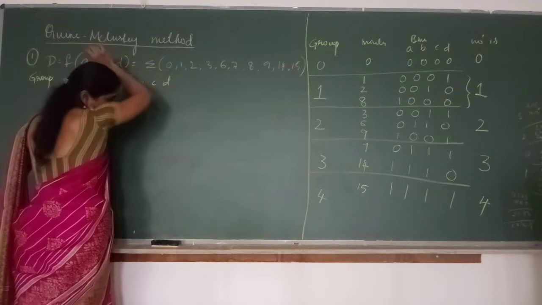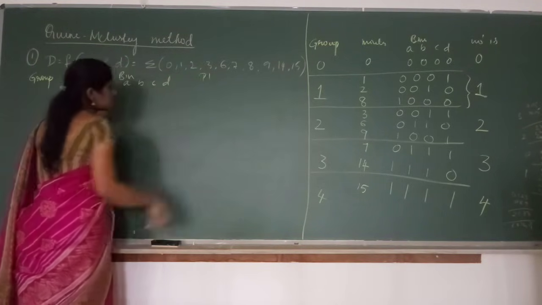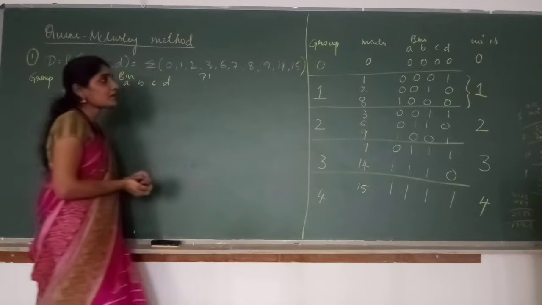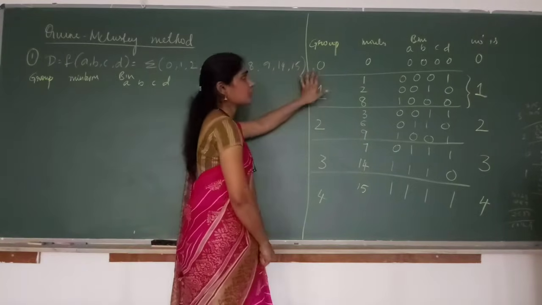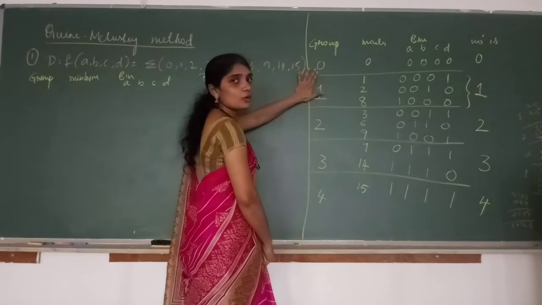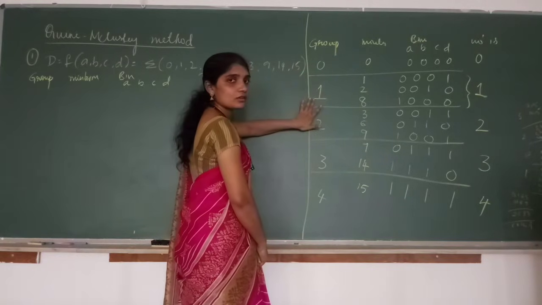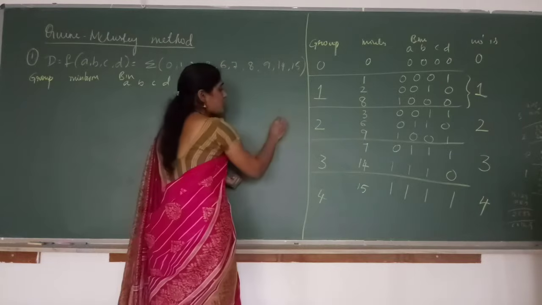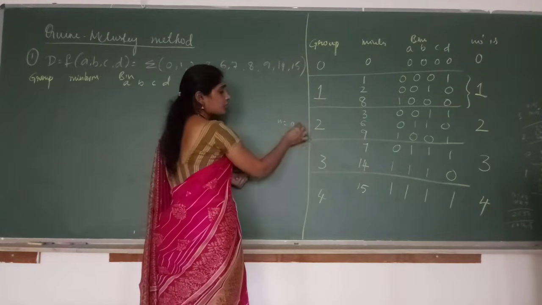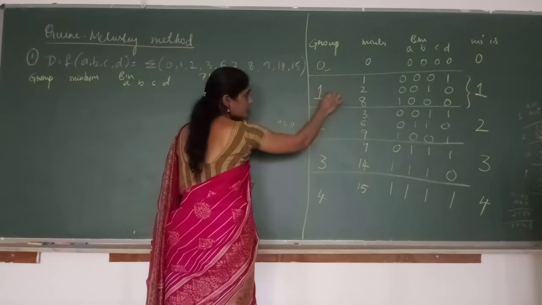Then prime implicant. I'll tell you what a prime implicant is now. So now what you have to do is compare the min terms that are present in group n with group n plus 1. If n is 0, what is n plus 1? 1. That means you have to compare the min terms in group 0 with group 1.